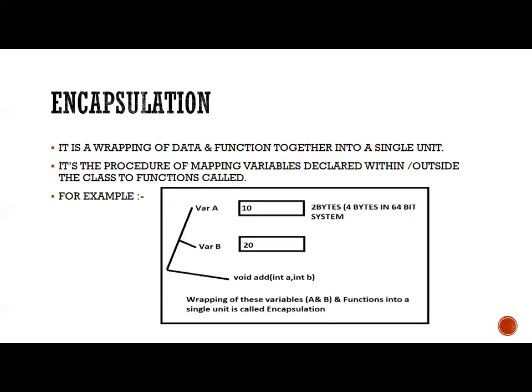So what is encapsulation? I have already told you that it is a wrapping of data and function together into a single unit. If you look at this diagram, the variables A and B are the two variables which we have defined, 2 bytes each in a 32-bit system for integer values, and 4 bytes in 64-bit systems.